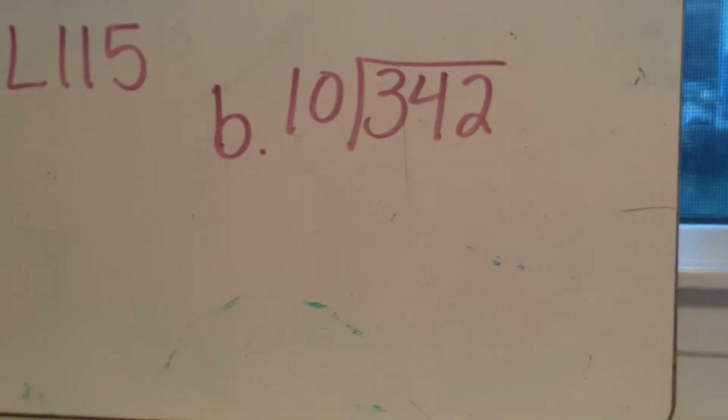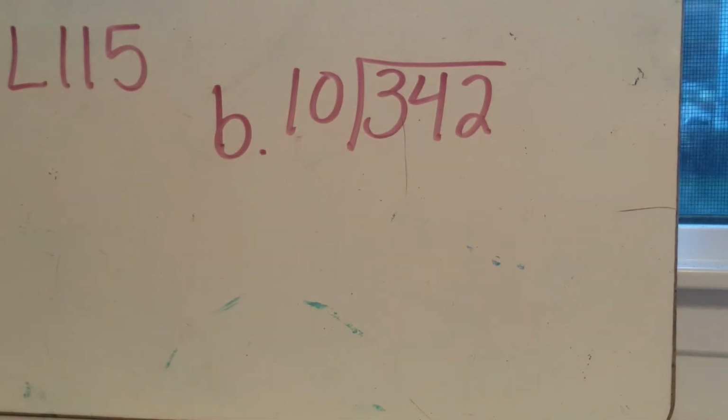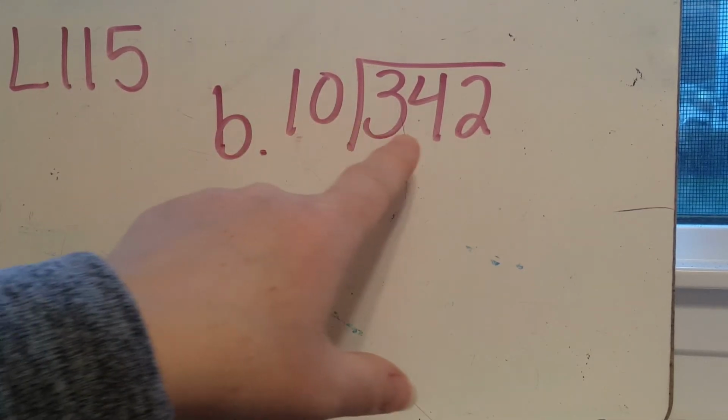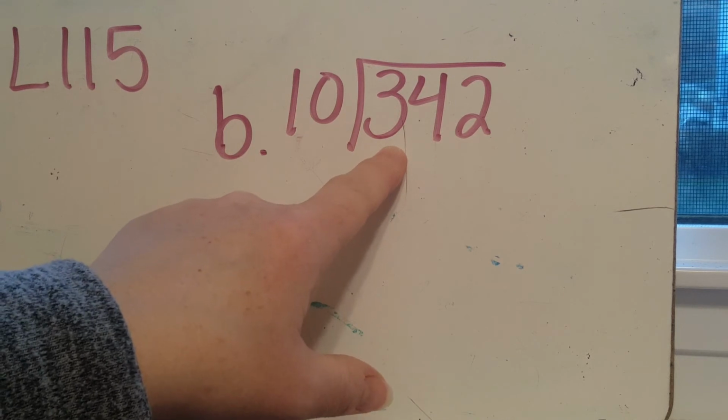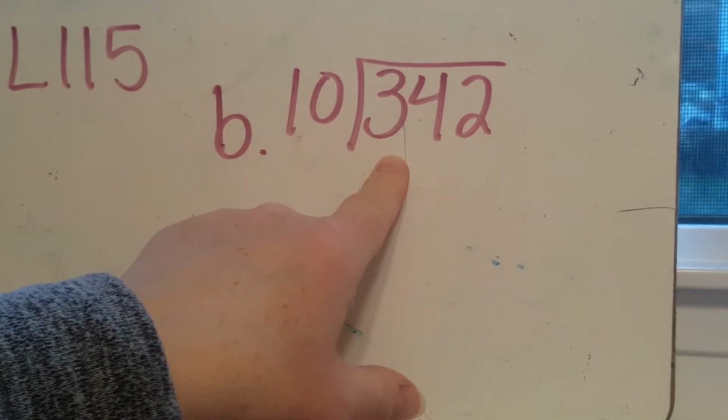All right, let's do B together. 342 divided by 10. Go ahead and write that on your practice problems paper. And now let's start our division. First step is divide. How many times does 10 go into 3? It doesn't. How many times does 10 go into 34? 3.